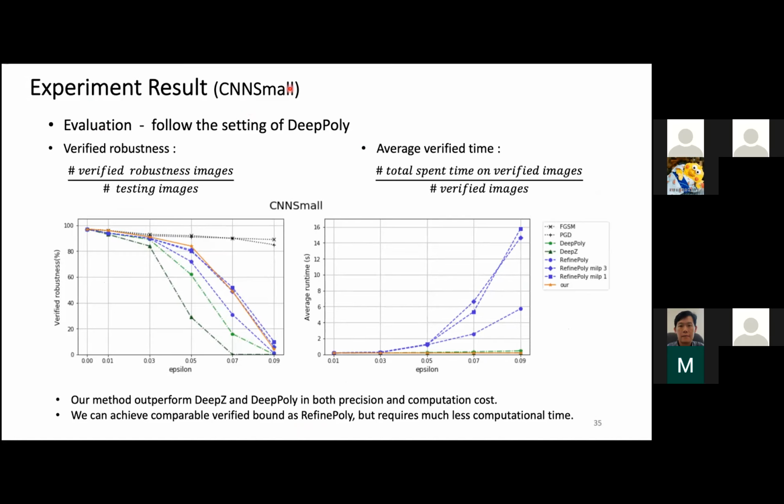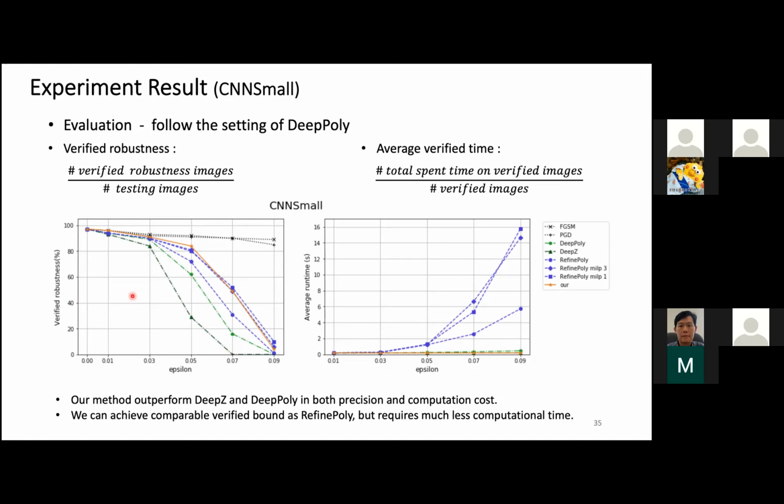The first case is the CNN small, and we use two evaluation metrics here. The first is the precision of the verified lower bounds we predict and the other methods predict. And the second is the average verified time here. So let's see the left figure.